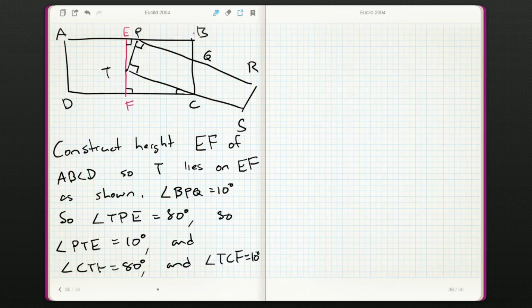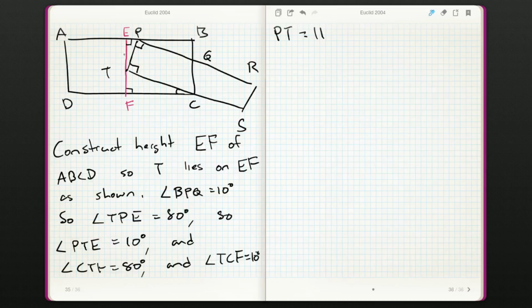Okay. Now, PT is equal to 11. From there, we can get the height of ET. We can get length ET using the sine law.